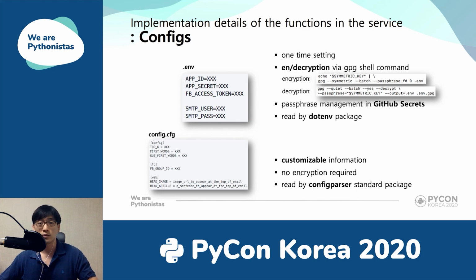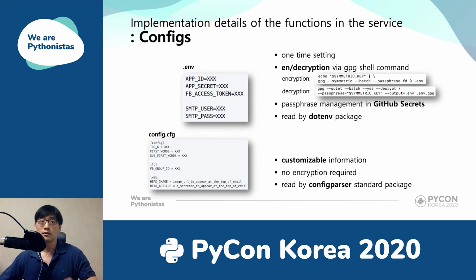It's a sort of encryption algorithm. After encryption is done, all the information stays the same except for the Facebook access token. And the passphrase is managed in GitHub Secrets, by the way, where you can put secret values and reference them back in GitHub Actions so that you can decrypt that .env.gpg file with the passphrase without letting anyone know about it.